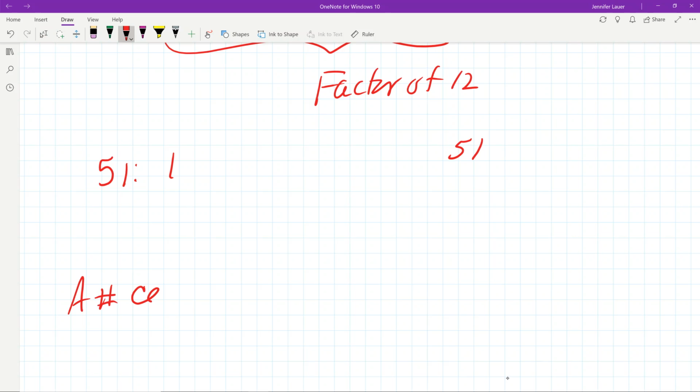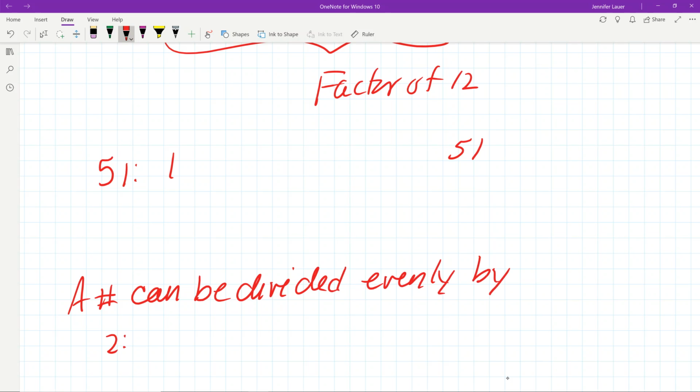A number can be divided evenly by 2 if the last digit is even. So right away, looking at 51, 1 is not an even number, so I know that no 2 goes into it.